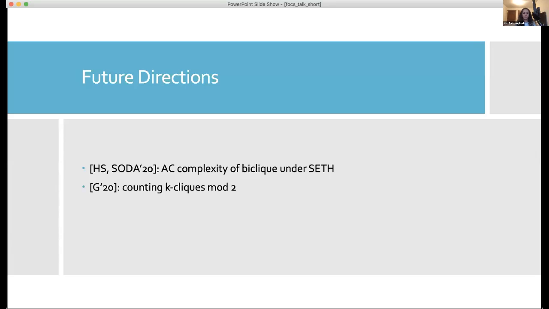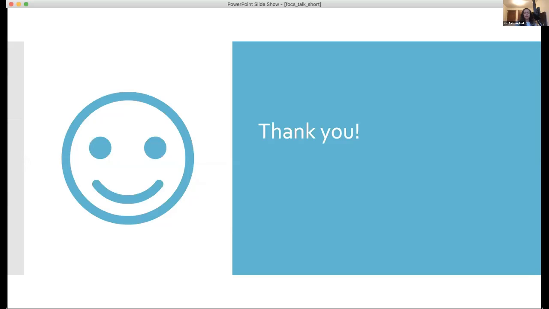One was our paper, one is Hirahara and Shimizu's paper on average case complexity of biclique under SETH, and one is Goldreich's paper on counting k-cliques mod 2. And all these papers were independent, building on the BBB paper. And this kind of shows that there is still a lot of space to explore in average case fine-grained complexity. Yeah, thanks for listening. And I'm going to take any questions now.